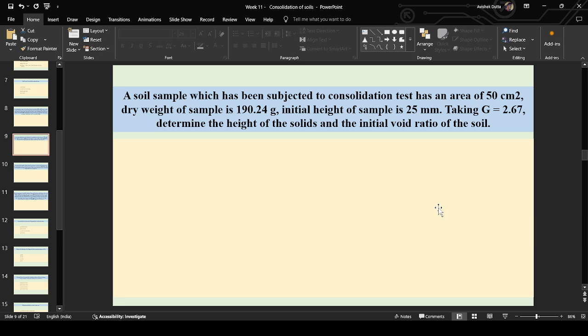Dry weight of the sample is 190.24 gram. Initial height of sample is 25 millimeter. Taking G, that is the specific gravity, as 2.67, determine the height of the solids and the initial void ratio of the soil.